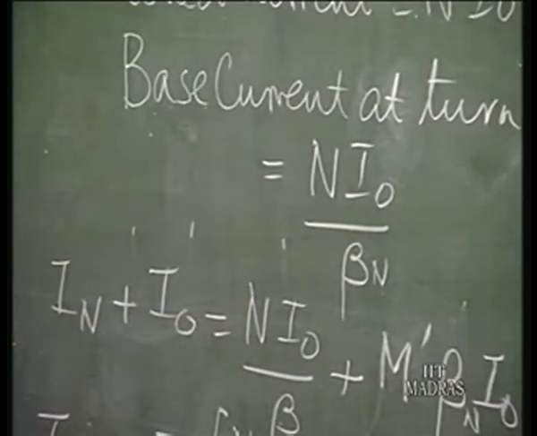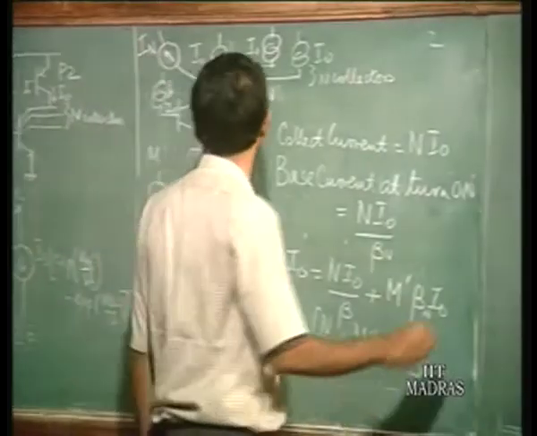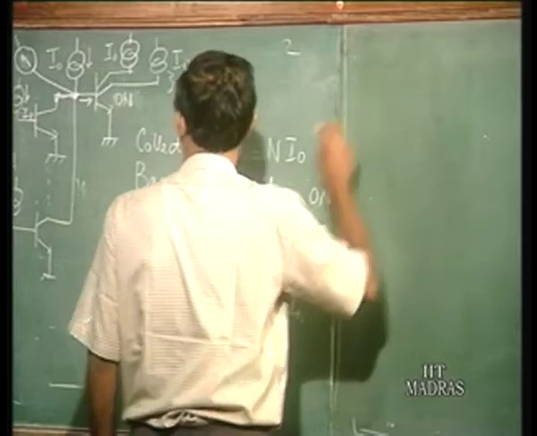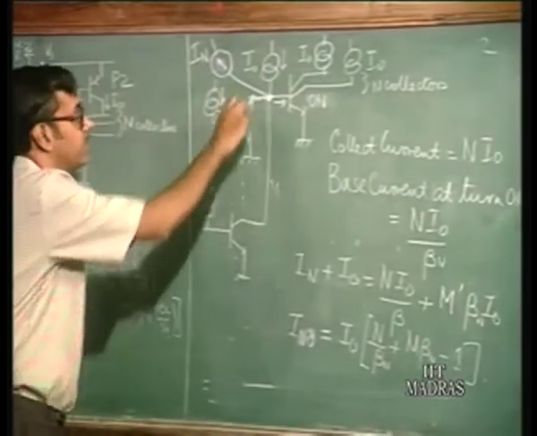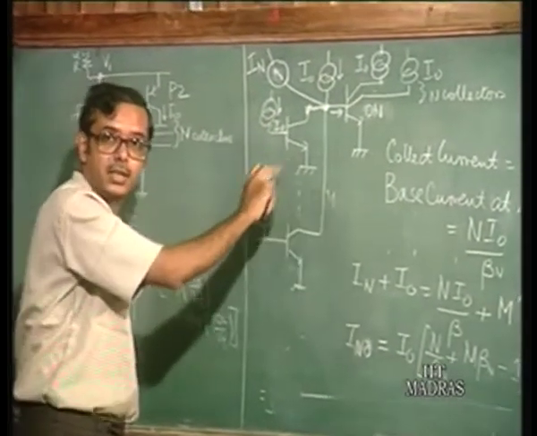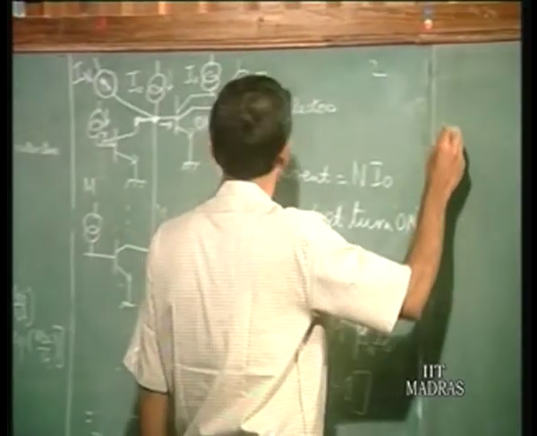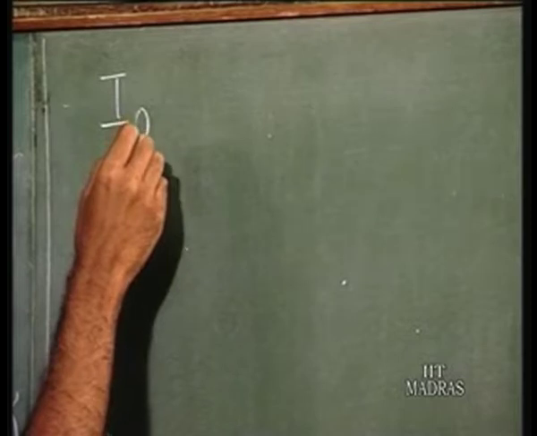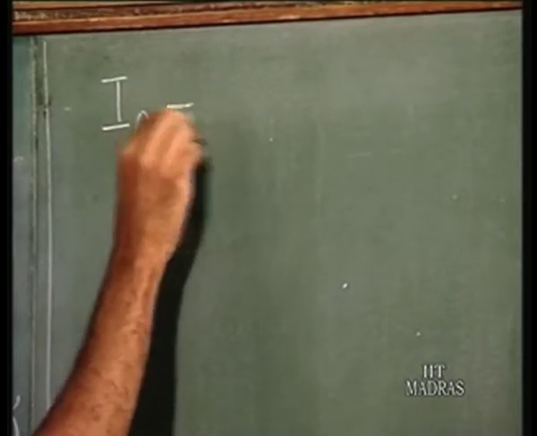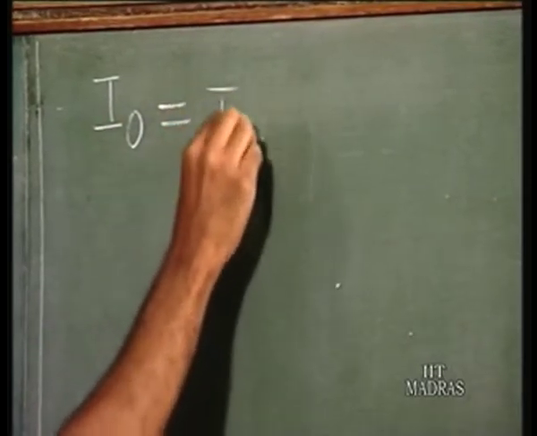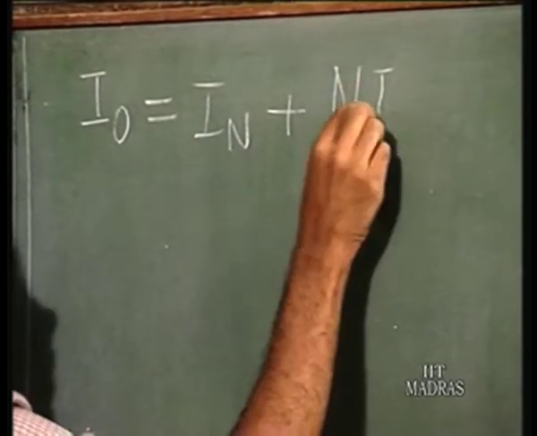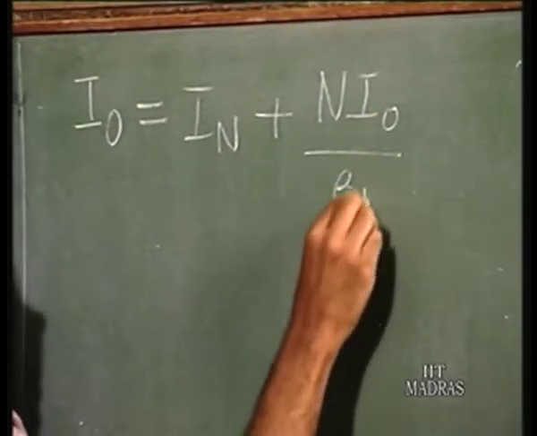So, again if you write the nodal equation at that point, all these transistors are off, so they do not contribute to any current. So, the current flowing in I naught is equal to I n plus n I naught by beta n.